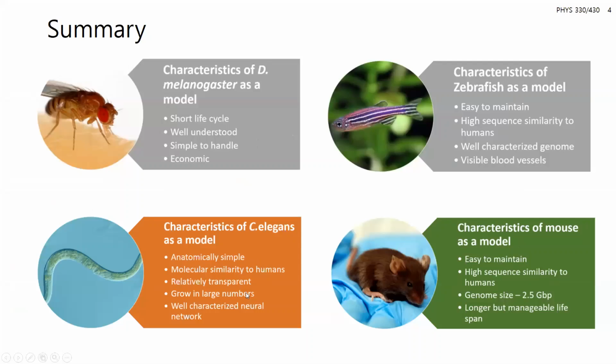These are just some summaries, and I think you guys touched on a lot of these. You touch on quite a few of these things for each of the organisms: the short life cycle, the cost, transparency, the sequence similarity.